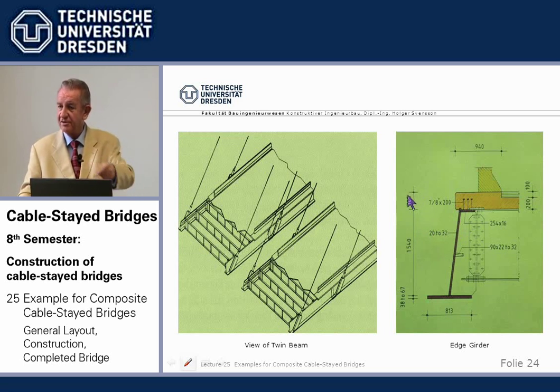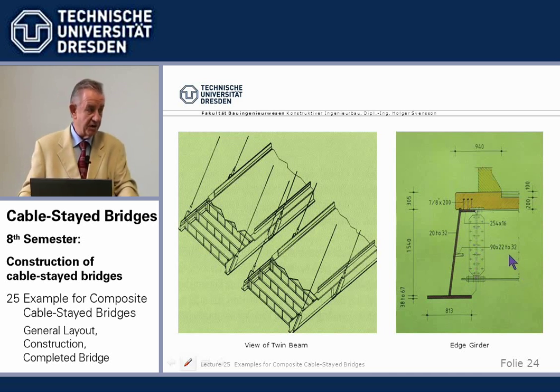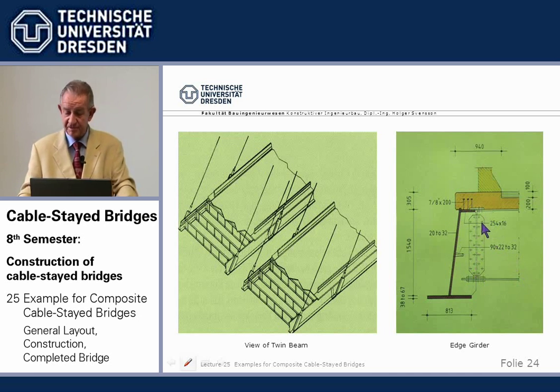That's how these strange millimeters come, because we have converted it. This is welded in shop, the stiffener here, but the connection to the cross girder is done on site, so it's bolted, cover plates and high strength bolts.